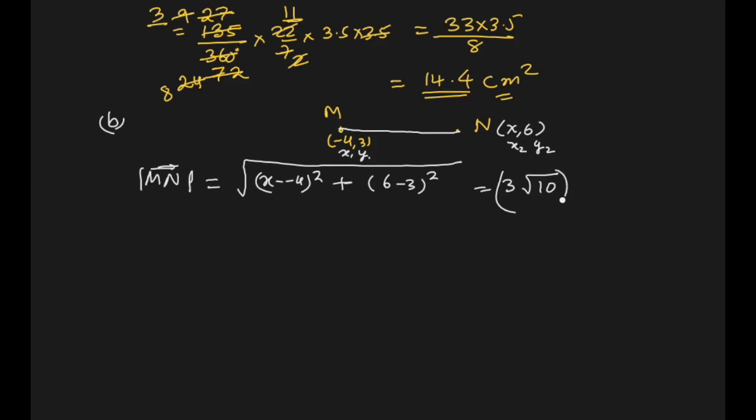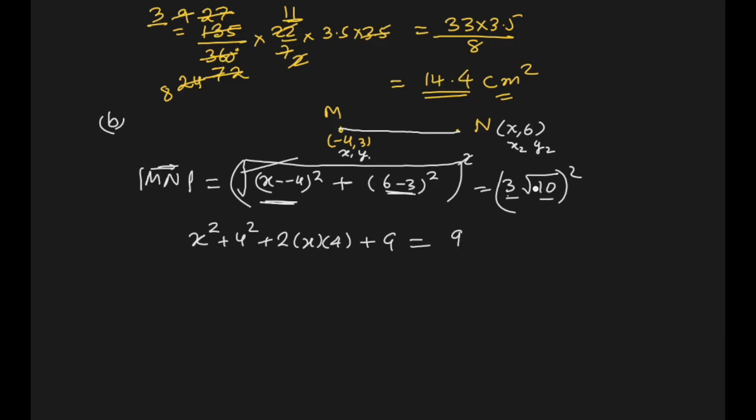So let's square both sides, square here, square here so that we get rid of this square root. We'll expand this. x plus 4 whole square will be x square plus 4 square plus 2 times x times 4, plus 6 minus 3 is 3. 3 square is 9, equal to, here both parts will be squared, so 3 square is 9 and square root 10 square will be just 10 because square root and square will get cancelled out.